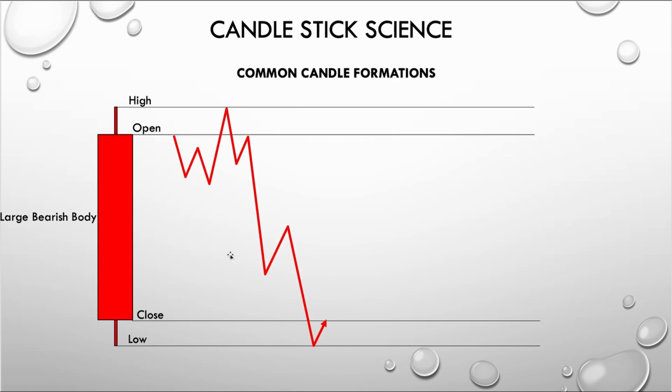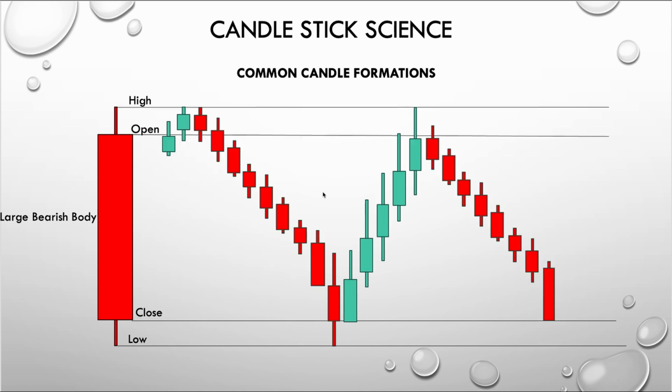This is a representation of the bearish candle. It is the same as a bullish candle, but switched, because a bearish candle has its high on top and a low at the bottom, just as a bullish candle. But a bearish candle opens at the top and closes at the bottom. So we are going to look at its internal structure, as you can see here.